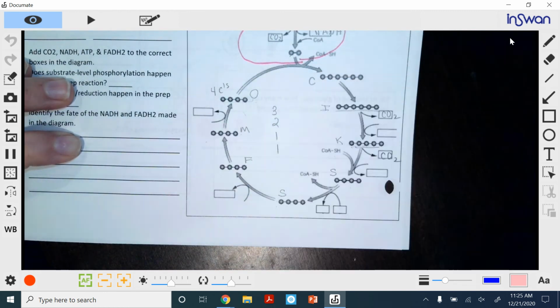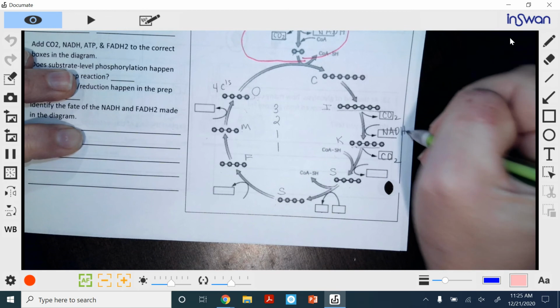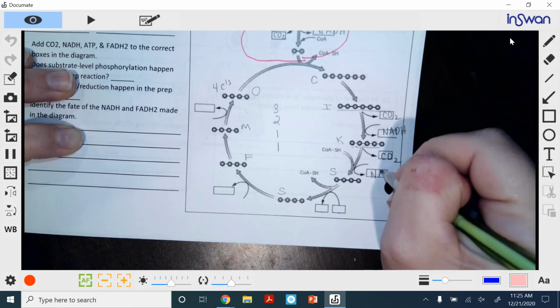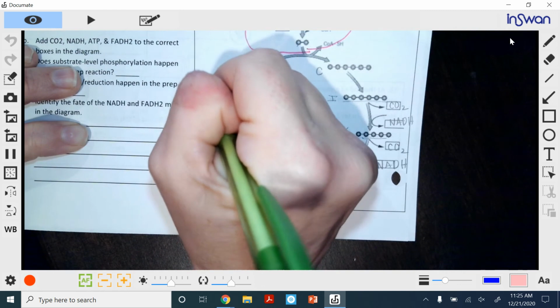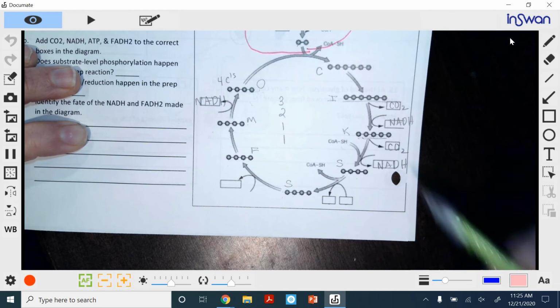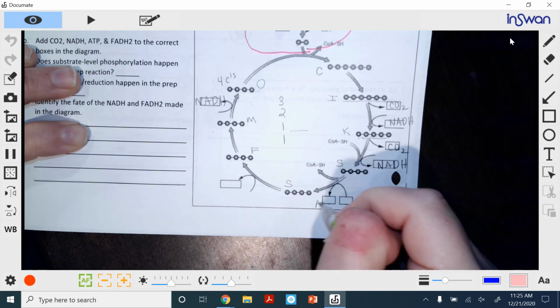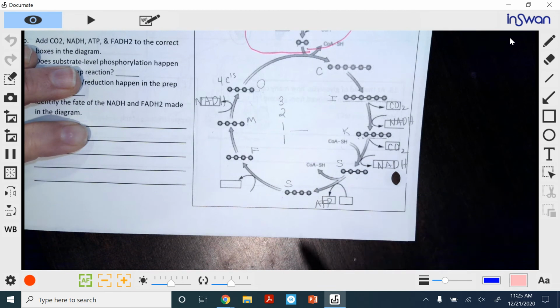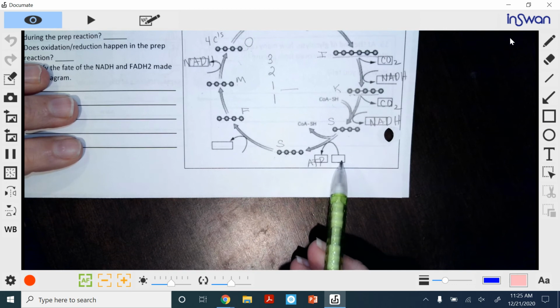Okay. All right. And again, you don't have to ever have this memorized, but you need to more know 3, 2, 1, 1. And if you really want to know, this is where you're going to get an NADH. There's another NADH here, just to kind of emphasize, you get 3 NADHs. You got the 2 CO2s. You get the 1 ATP. I'm just curious. If I put ATP here, what do you think goes in this box?